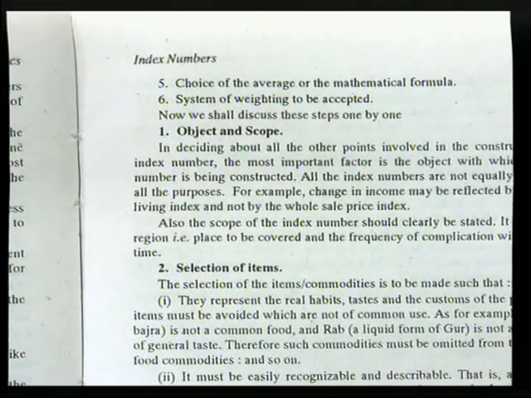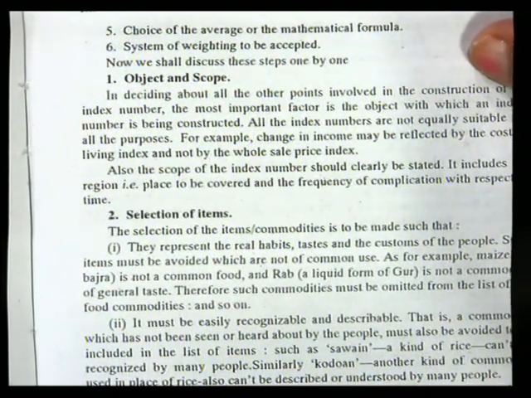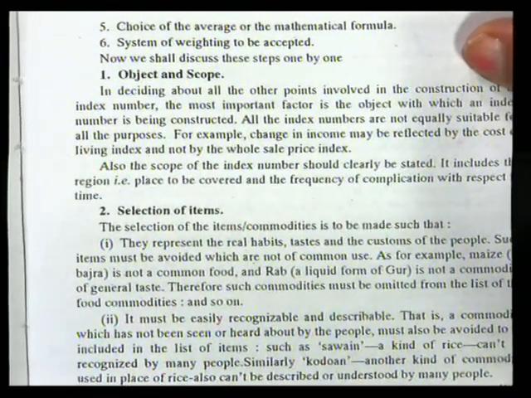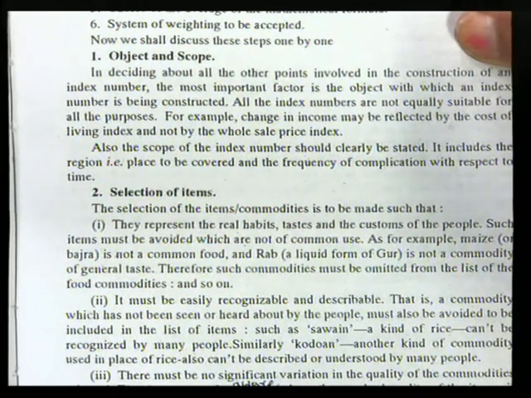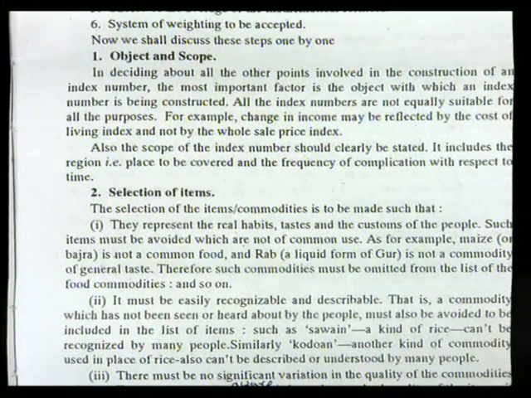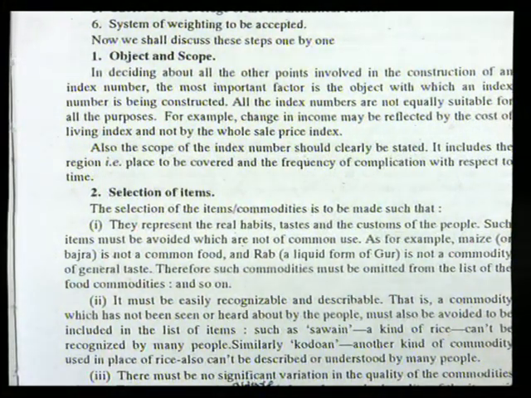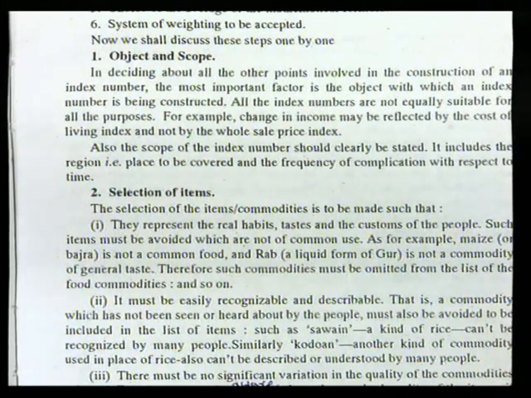Let us see number 2, selection of items. The selection of the items or commodities is to be made such that, number 1, they represent the real habits, tastes and customs of the people. Such items must be avoided which are not of common use.